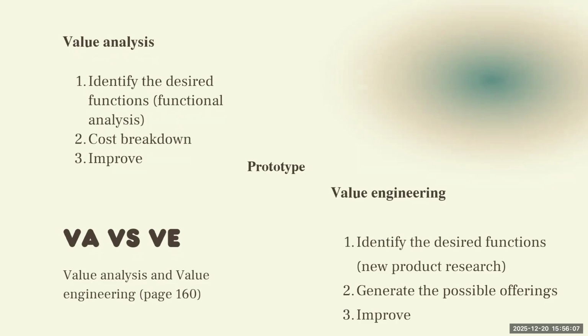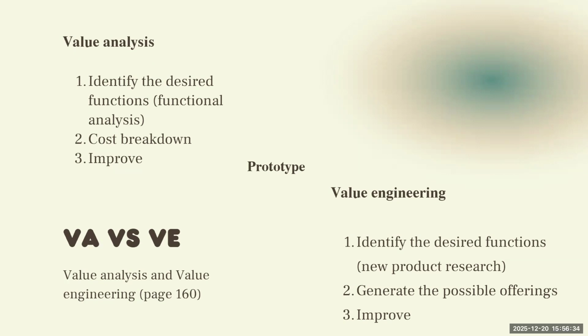So here, for both processes, we need to understand their function, and then we need to analyze the elements and identify whether we can improve the product through standardization or removing some parts or switching to another supplier, etc.